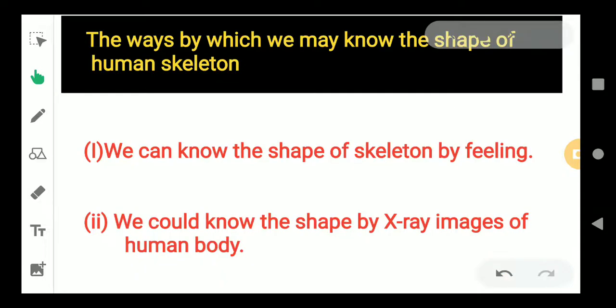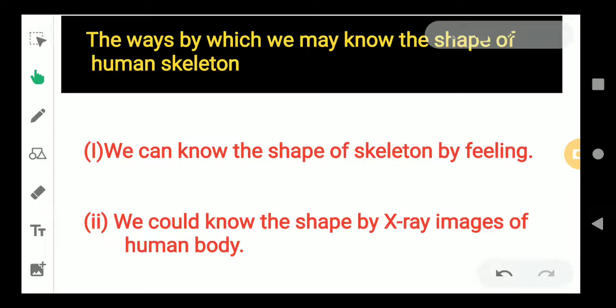Next, the ways by which we know the shape of the human skeleton. Can you name some ways by which we can know the shape of the human skeleton? Just by feeling it, we can understand the shape of the skeleton, and also by taking X-ray images.